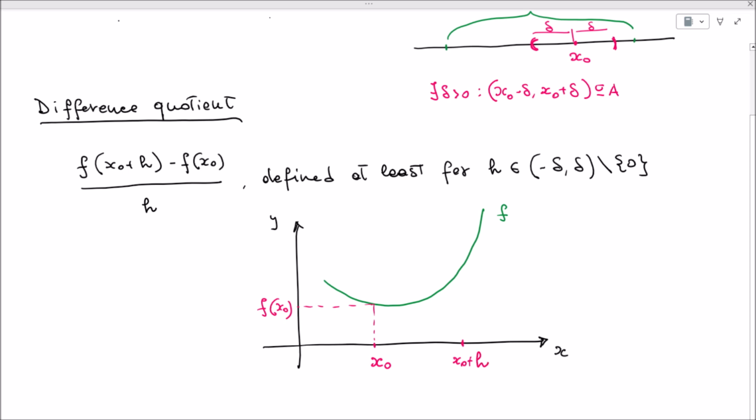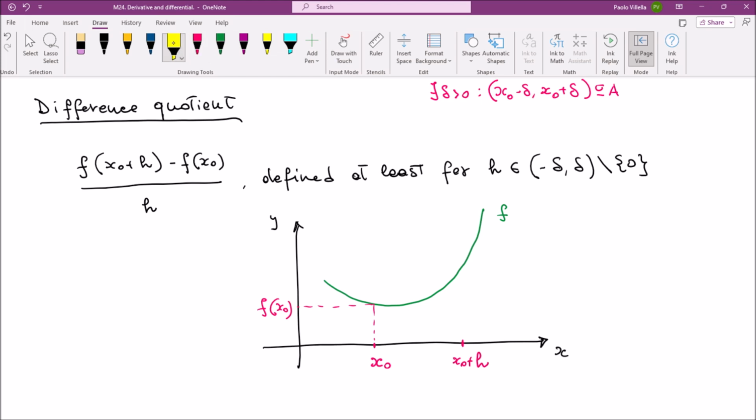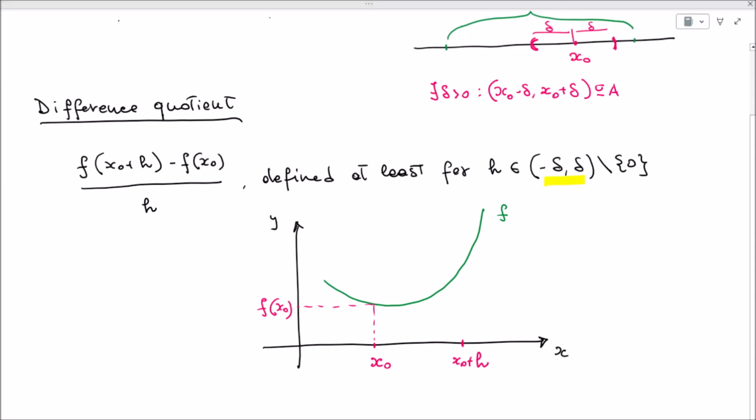So we see that this h belongs to the interval minus delta, delta. This implies that moving from x naught to x naught plus h, we are not going beyond the definition set of A, because x naught is an interior point, so we know that we can find an interval minus delta, delta such that all that interval falls within the set of definitions.